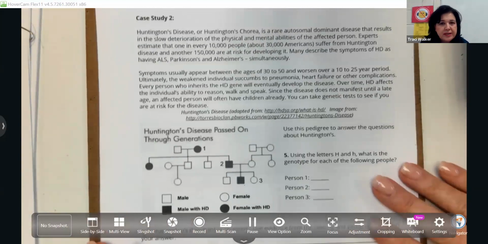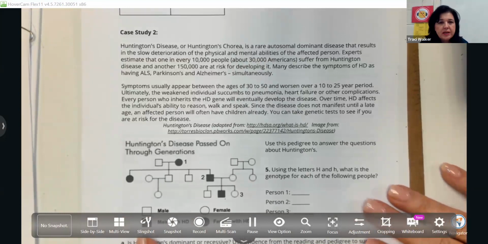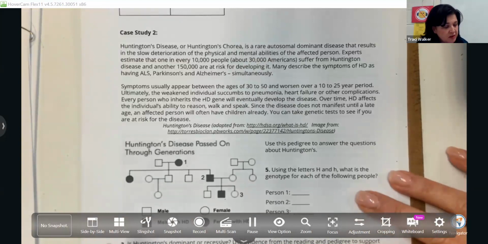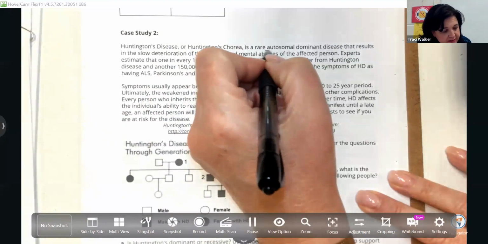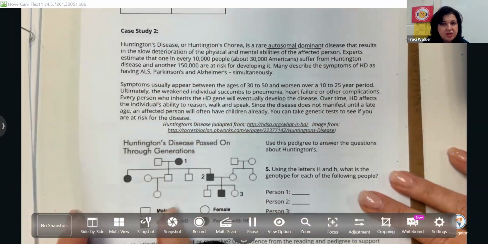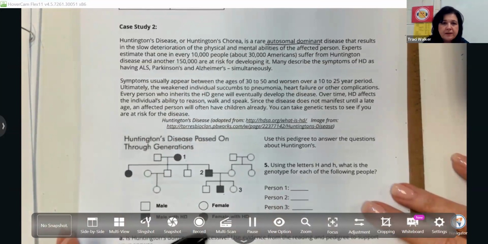So now let's read the passage about Huntington's disease. Huntington's disease, or Huntington's chorea, is a rare autosomal dominant. So again, in this passage, they tell us that it's dominant, but we know how to determine it if they don't tell us. It results in the slow deterioration of the physical and mental abilities of the affected person.